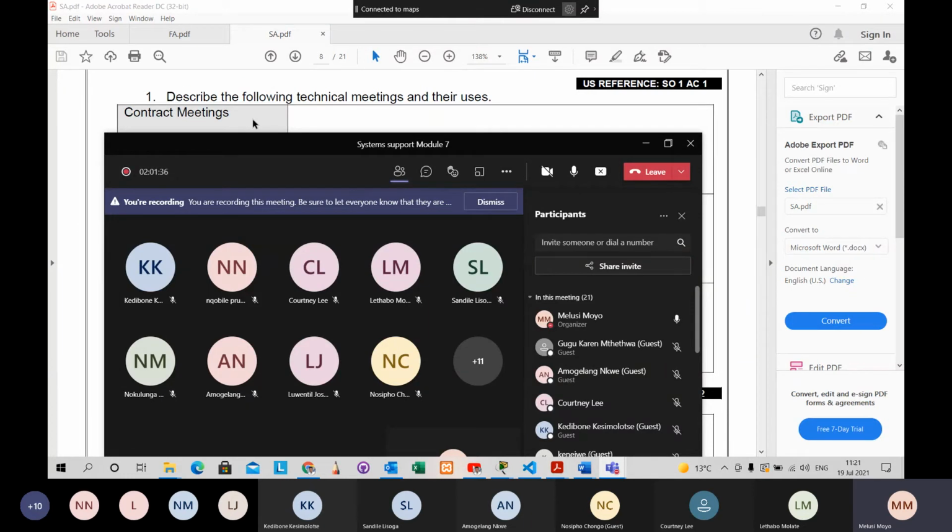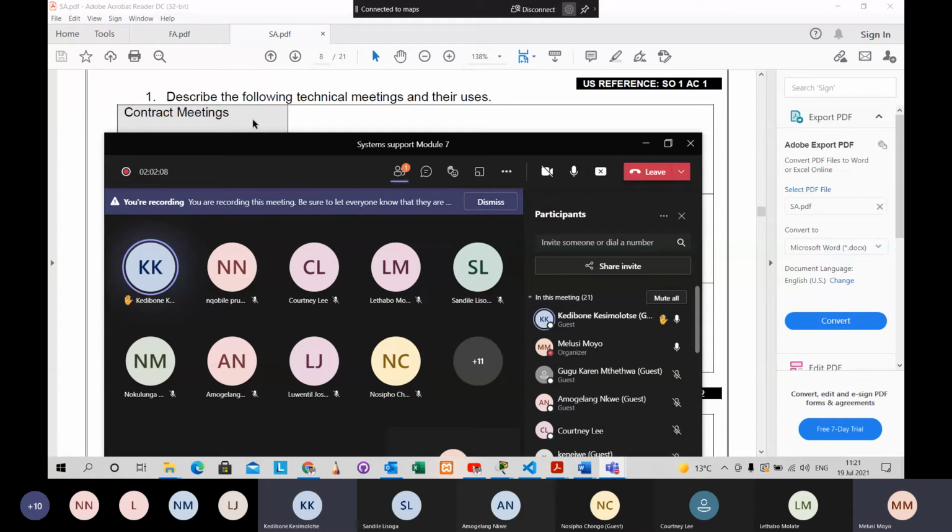Whereby we tell the client that we are going to implement or deploy a server or do networking on their side, and this is the service level agreement. So in contract meetings, what you can find is the SLA, telling the client, this is our service, and we are committing to this service using that SLA. So that's what you're going to find when it comes to contract meetings. I wanted us to lean more on the technical side of things, not on the other departments. Yeah, Kidboni?